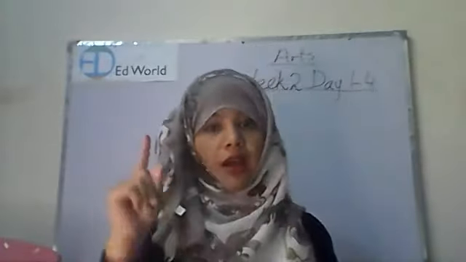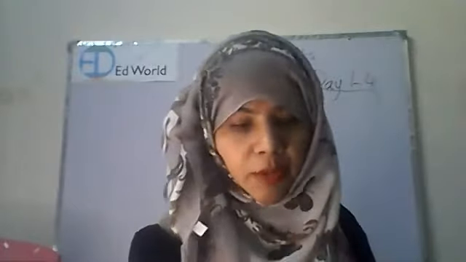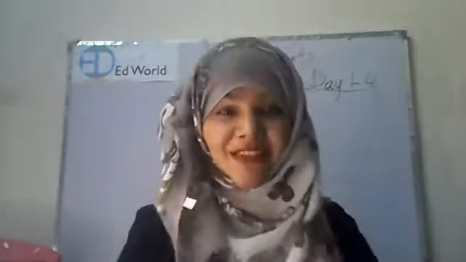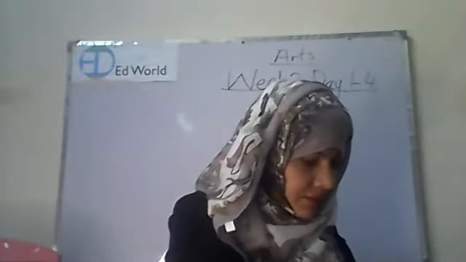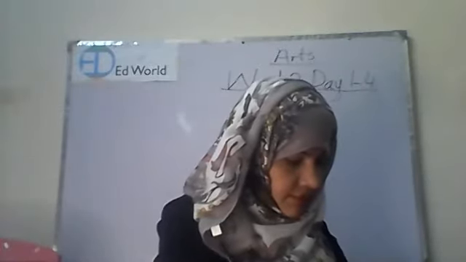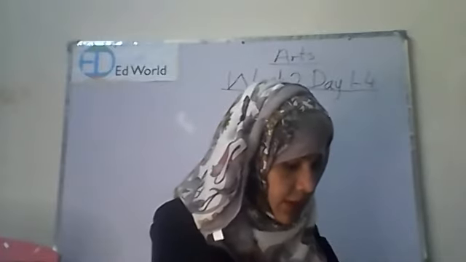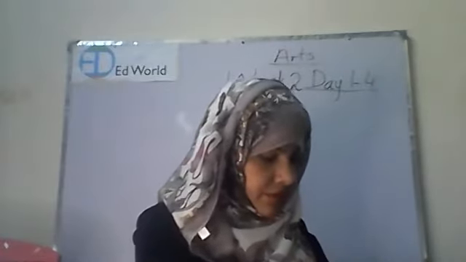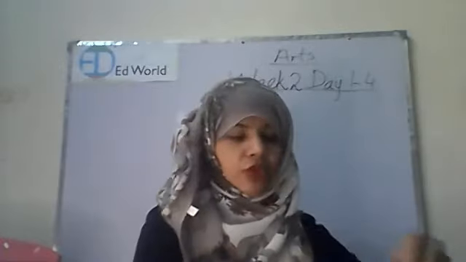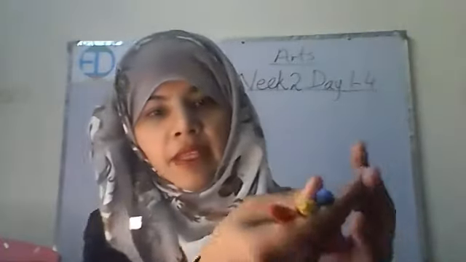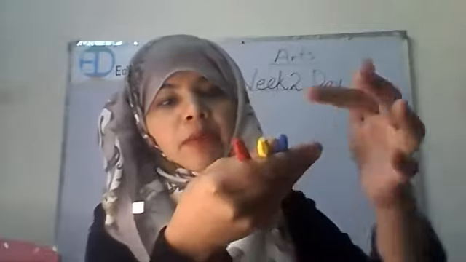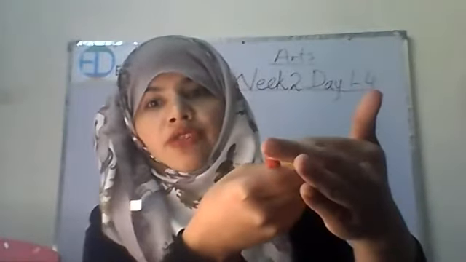The primary colors are red. I'm going to show you the primary colors also. Instead of taking out the others, I have the new pastels actually. Primary colors are red, yellow, and blue. These are our primary colors, blue, yellow, and red.